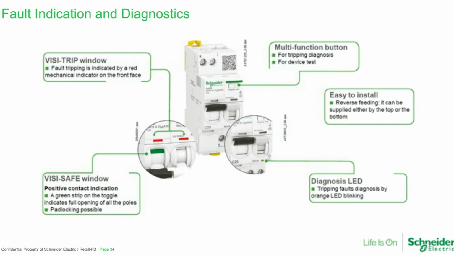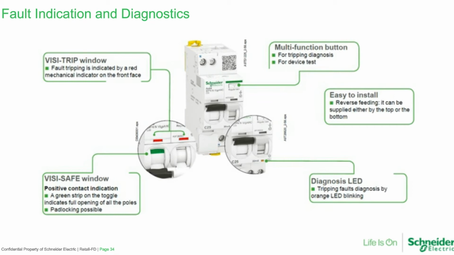As we have a whole heap of scenarios that could cause this product to trip, there's a lot of options regarding the indication on this to give feedback and help with maintenance and diagnosis as a result of any tripping that may occur. So with this device, there's 2 toggles on it.